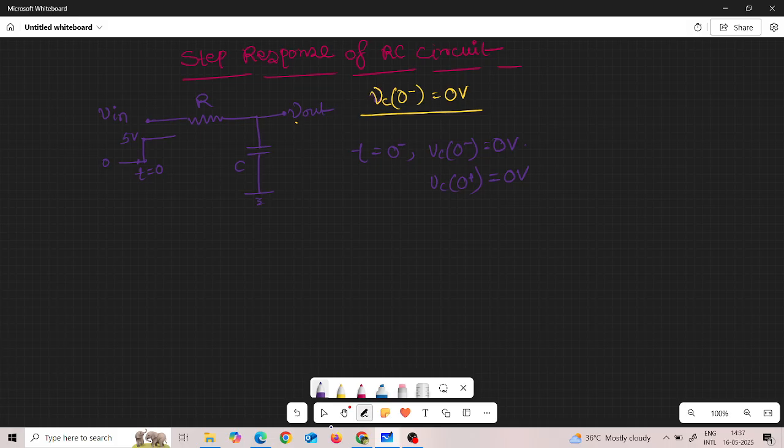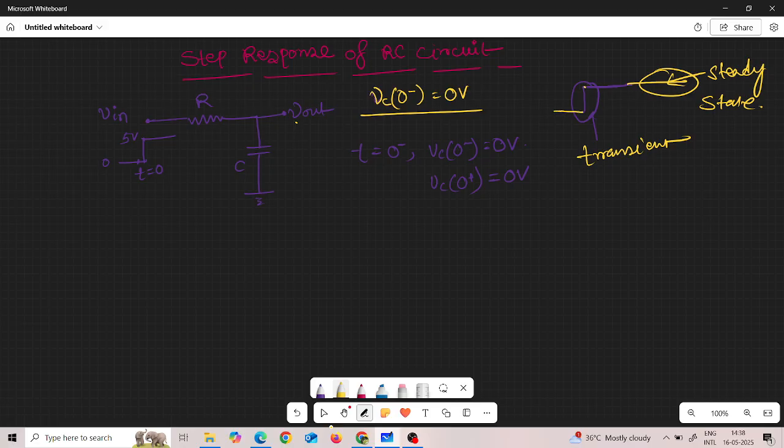So what is happening actually, if I talk about the frequency domain? This is our step signal, this is the transient phase, and this part is the steady state. Here in the input there is a sudden jump in the input value.